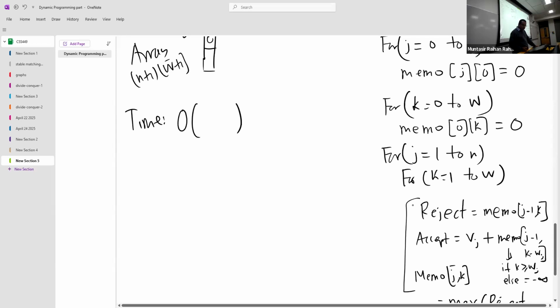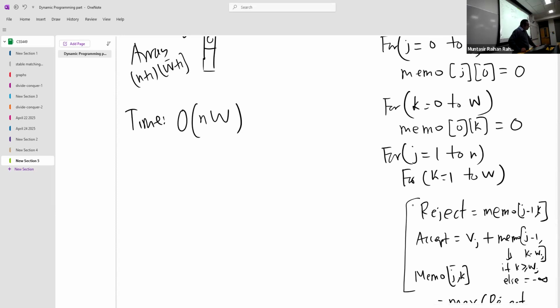For every value of j and k, and j and k can range from 1 to n and 1 to w, right? So nw subproblems, each one constant work, so the time should be order of nw, right? So that's polynomial time, right?